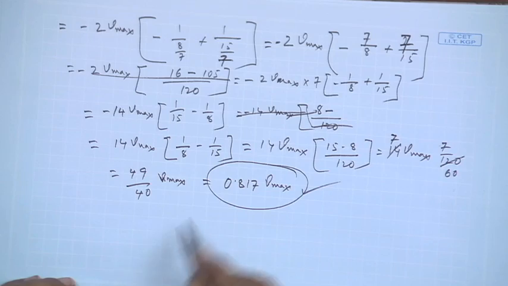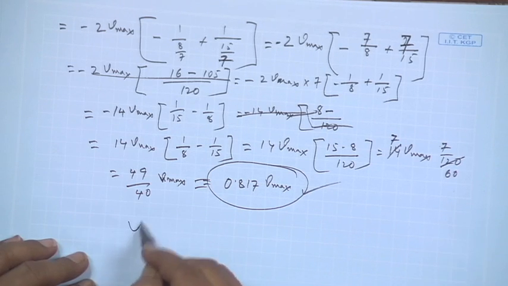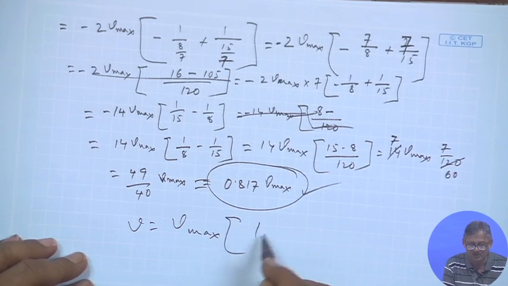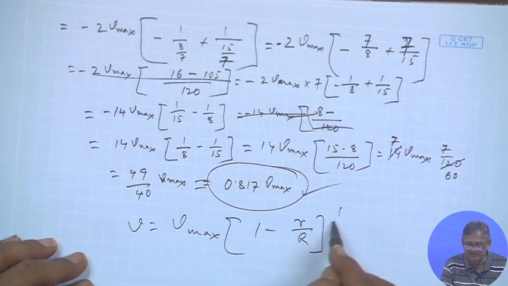So, you must have one such relation where it will have a meaningful value, like here we have found this to be equal to 0.817, whereas we started with the relation V is equal to V max into 1 minus R over R to the power 1 by 7.